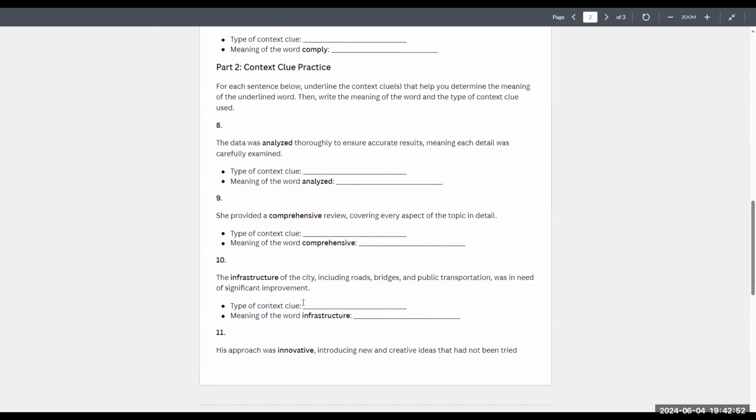The data was analyzed thoroughly to ensure accurate results, meaning each detail was carefully explained. What does analyze mean? What in the sentence tells us what analyze means?